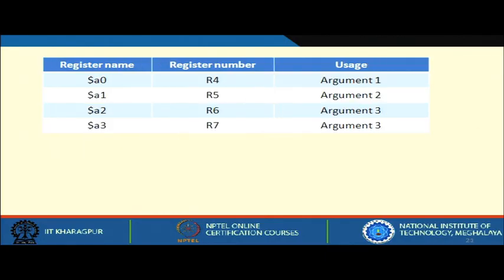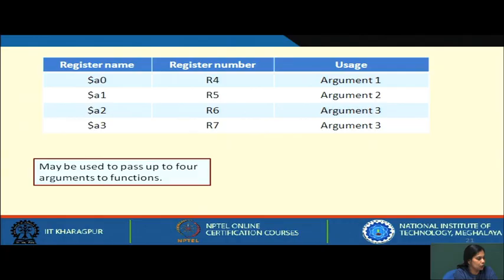Next set of registers is A0, A1, A2, A3, where we use these arguments. So, these are used to pass up to 4 arguments. 4 arguments can be passed to a function using the following register names A0, A1, A2 and A3.